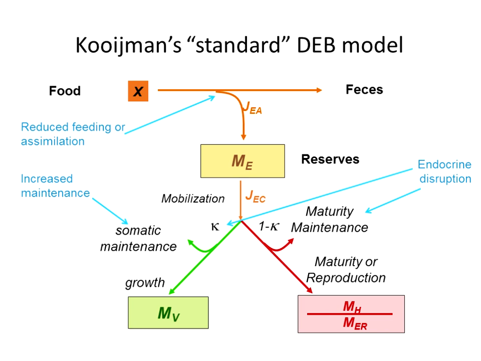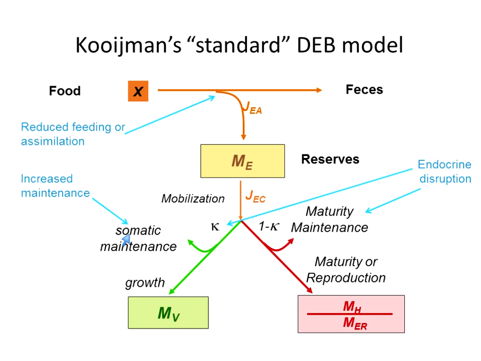The approach here is to go back to our basic model and identify what I've previously called fluxes, the flows of energy or elemental matter between the boxes and the branch points like this one here, and then to note that the potential effects of a contaminant, either in the environment or within the organism, can be to influence one or more of these fluxes. For instance, it could influence this thing called JEA that represents the rate of assimilation.